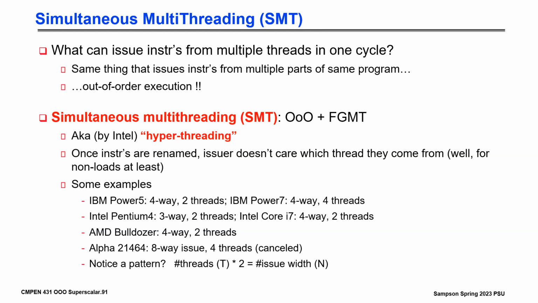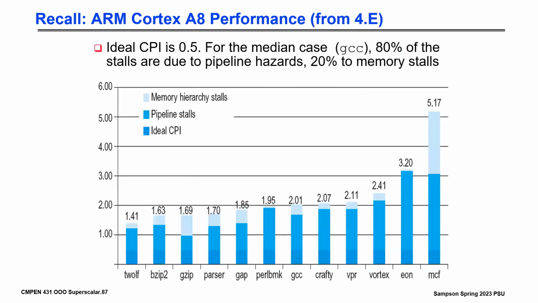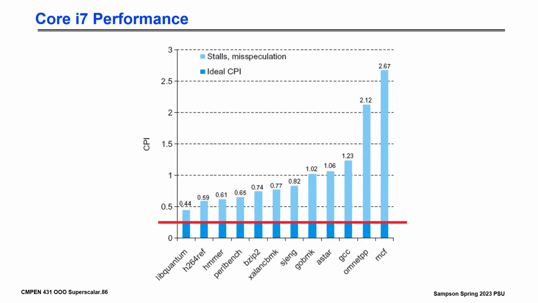So you usually want to support about as many threads as your issue width divided by 2, and that really boils back down to an argument about, on average, how much do I think I can exploit per thread, right?